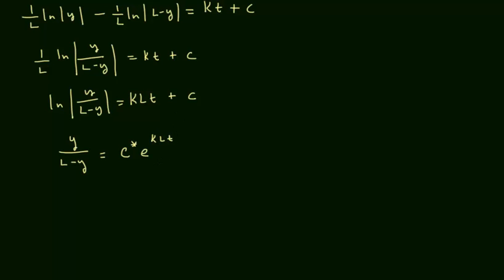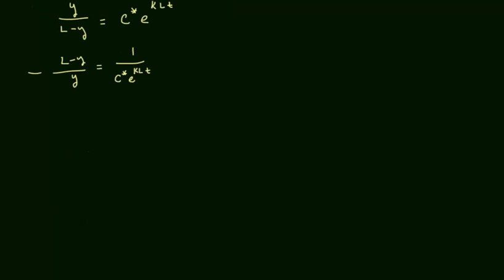A step that should be familiar from lesson 1. Next, I'm going to say that reciprocal equals reciprocal. So this is going to be 1 over c star e to the K L t. Break up this fraction into two separate with y the common denominator.